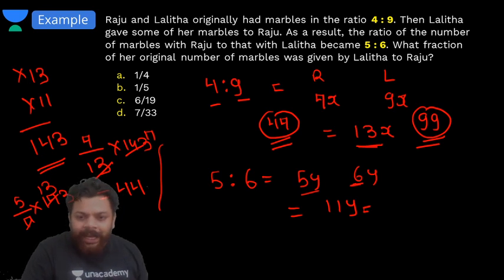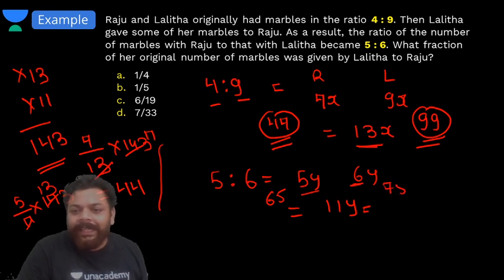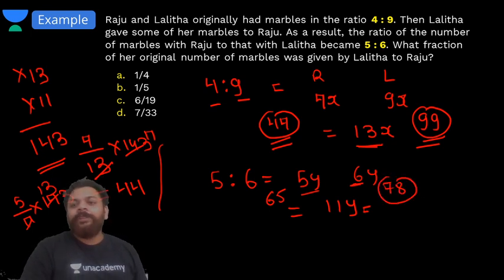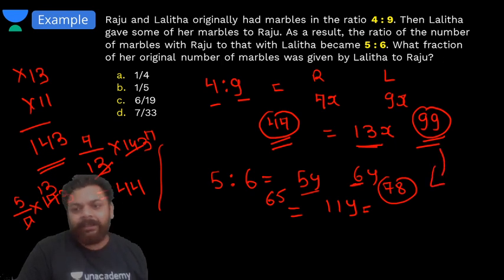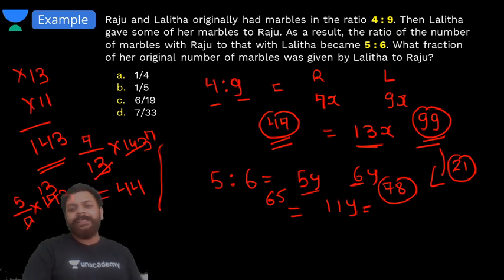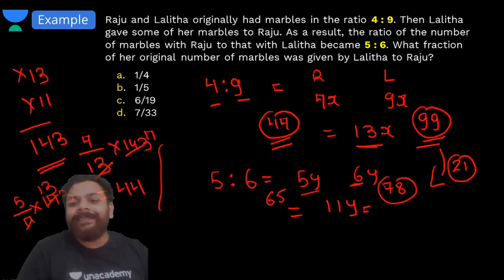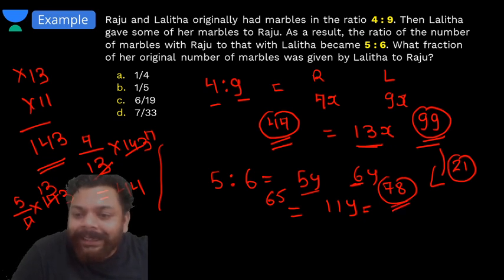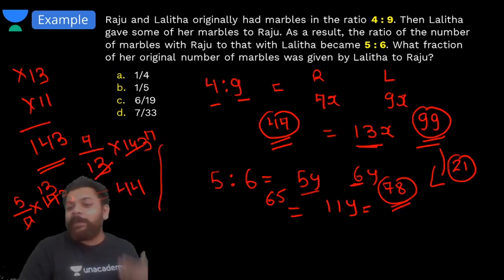So Raju will have 65 marbles and Lalita will have 78 marbles. So you can clearly see that Lalita has given 21 marbles out of 99 to Raju. That's the reason Lalita is left with 78 marbles.